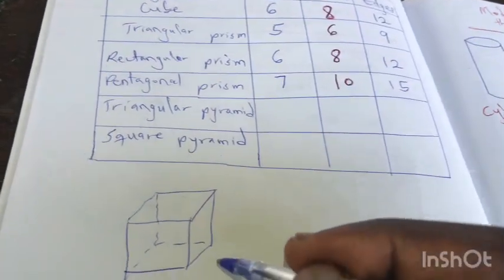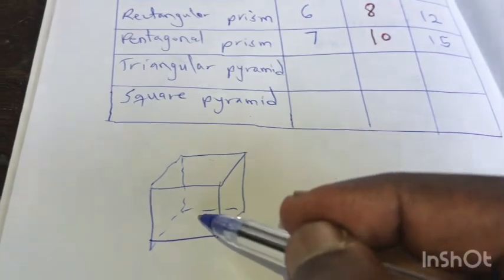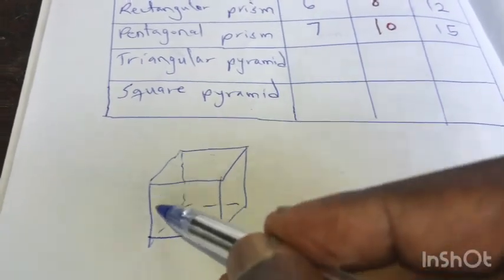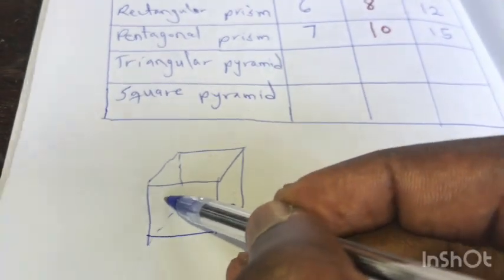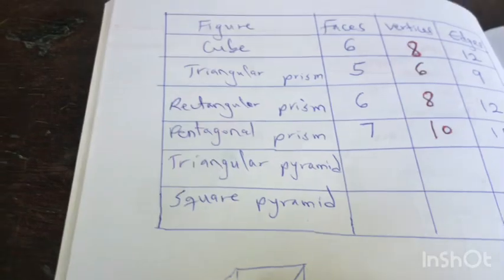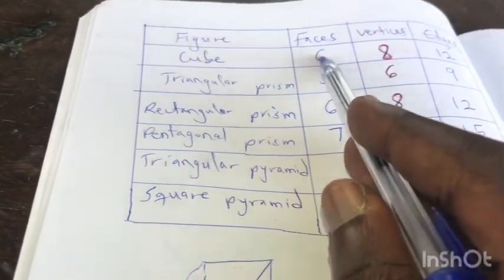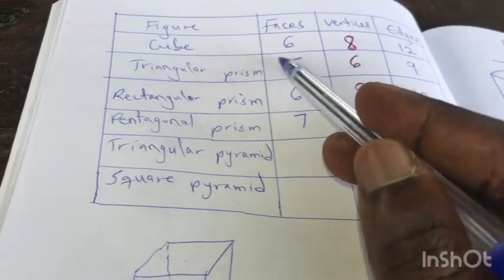The faces are the parts you can see. How many faces does this have? The front side 1, the back 2, this side 3, that side 4, down 5, and the top 6. So that's why we said the cube has 6 faces.